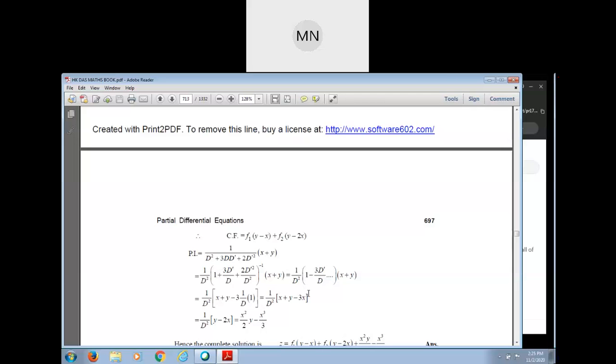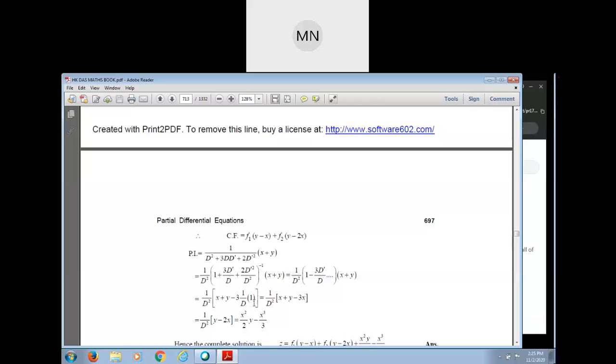It is the opposite of differentiation, which is integration. Yes, it is integration. So 1 by d indicates integration. So for 1 by d into 1, the integration of 1 is what?